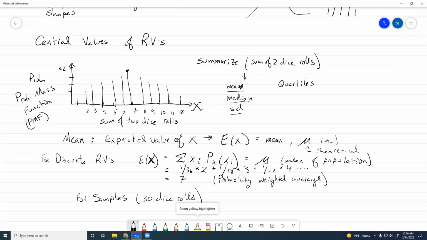So we did 30 rolls, we got 5 7s, 4 3s, etc. What that ends up being is the expected value of x from a sample. This is what we call x bar, which is the mean of a sample.